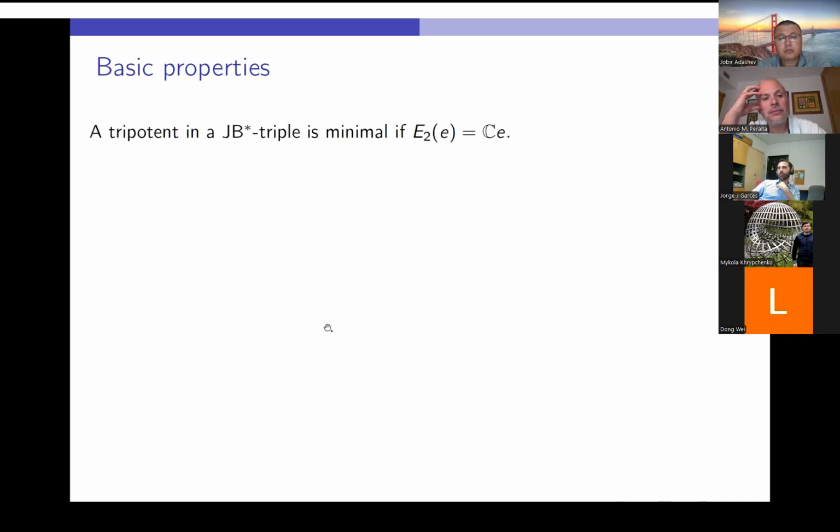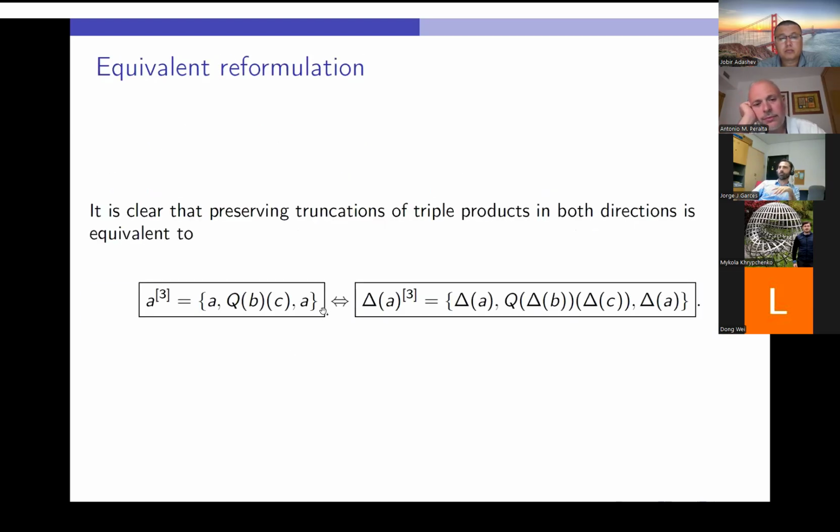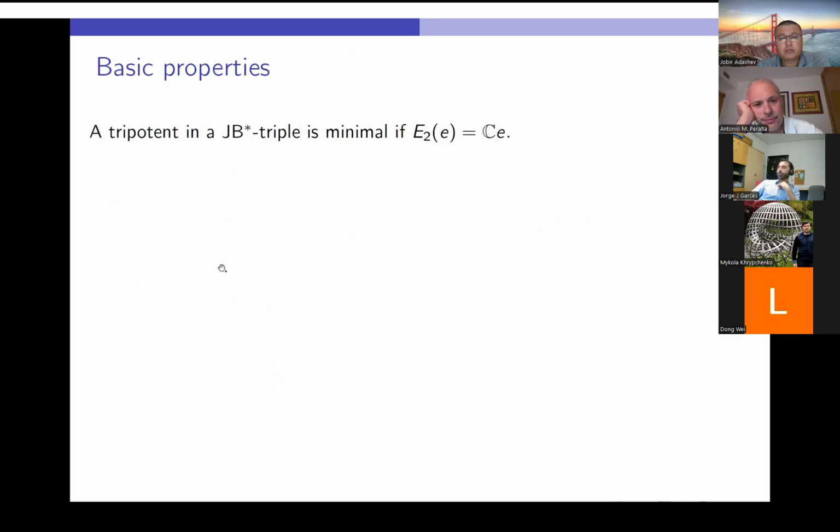First, we can prove some still general properties of these truncation preservers. In the rest of the talk, delta is always going to be a map that has this property. So recall that a tripotent in the JB*-triple is minimal if its Peirce-2 space equals C times a. So this is, in the case of C*-algebras, what we call a minimal partial isometry.